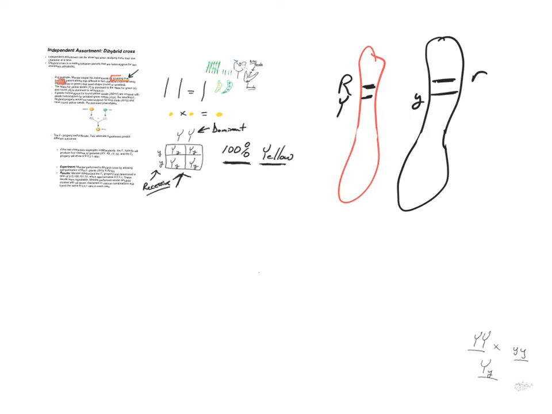The further they are, the more likely they'll be crossing over in between them. The closer they are, the harder it is for there to be crossing over in between them. So if these two were really close to each other, we would call them linked. So how linked two genes are is dependent on whether they're on the same chromosome and how closely they are to one another. Is that clear?